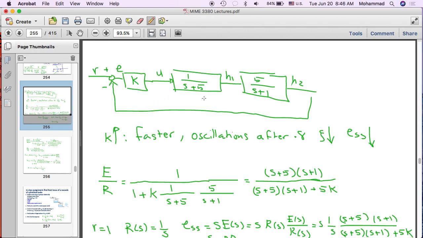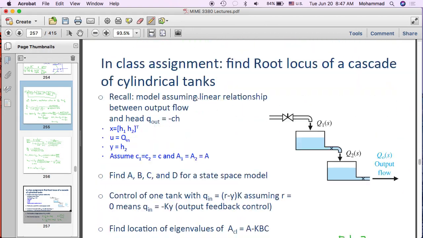So the block for the first tank is 1 over S plus 5, and the block for the second tank is 5 over S plus 1. Where do they come from? They come from simply taking the differential equation associated with the first tank and turning it into Laplace, and taking the differential equation associated with the second tank and turning it into Laplace. So that's what we are going to implement here as well.